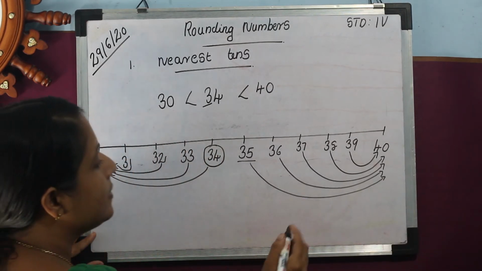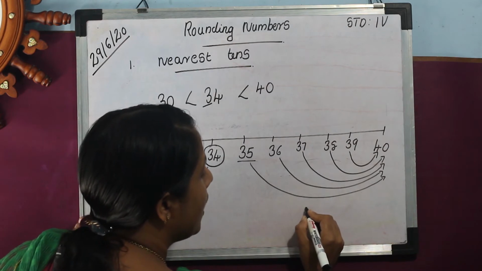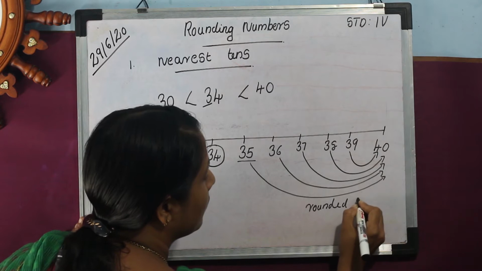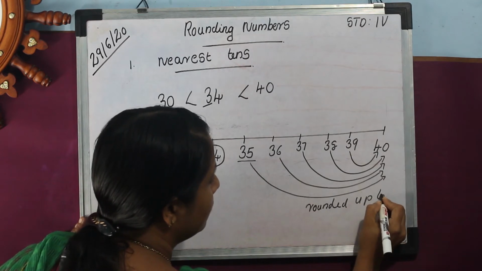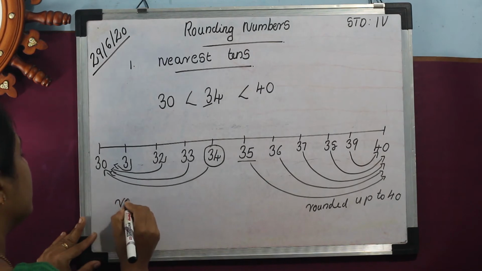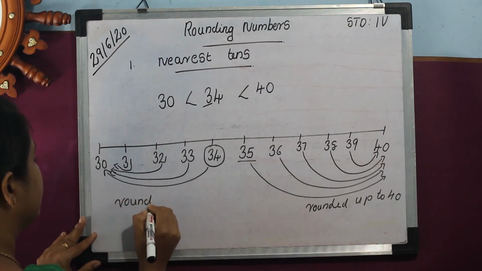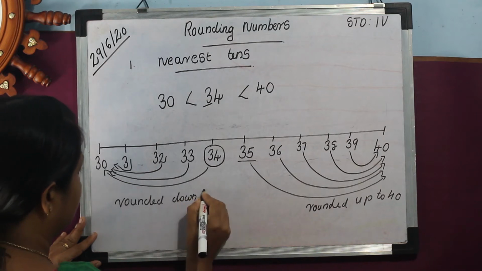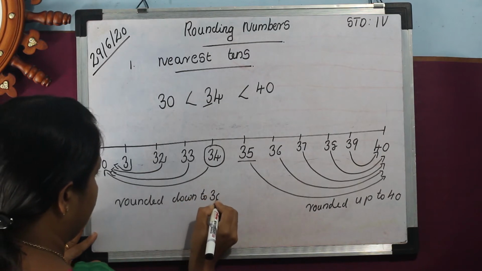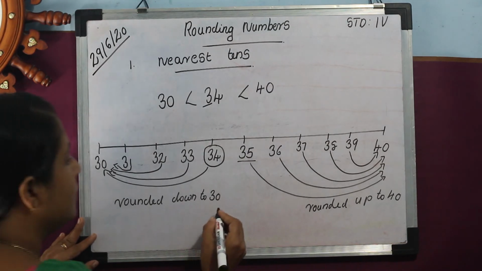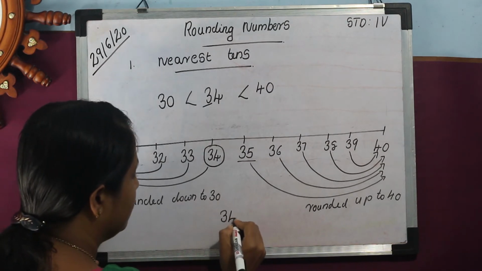So this side is rounded up to the last number 40. And this side is rounded down to the first number 30. Then take our number, that is 34.